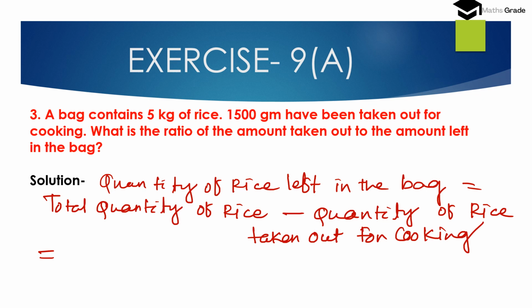Total quantity of rice is 5 kg. 5 kg means 5000 gram. Minus quantity of rice taken out for cooking is 1500 gram.